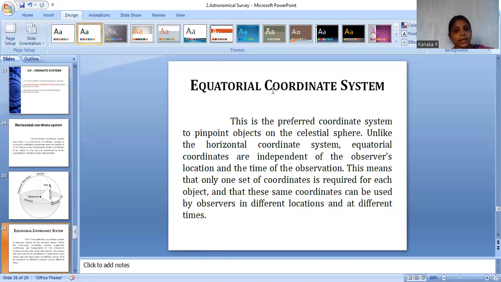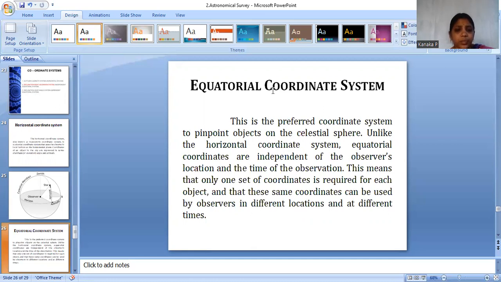Next is the equatorial coordinate system. This is a preferred coordinate system for pinpointing an object on the celestial sphere. Unlike the horizontal coordinate system, the equatorial coordinate system is independent of the observer's location and the time of observation.